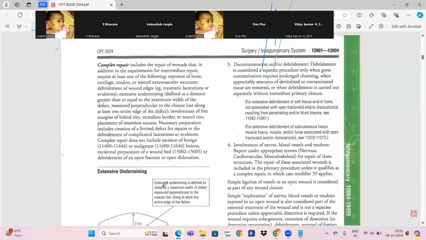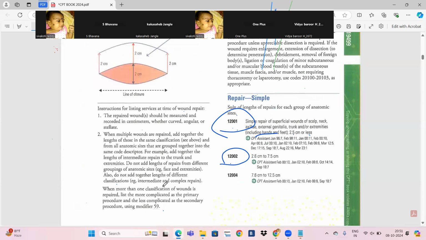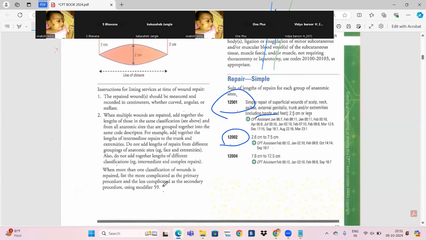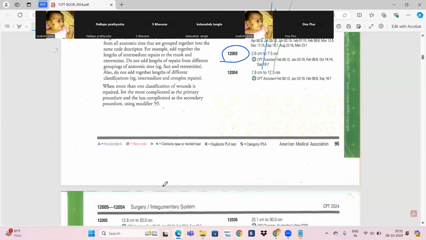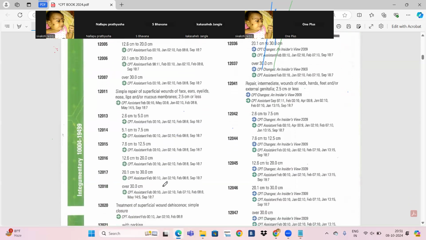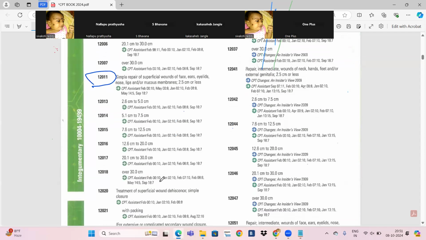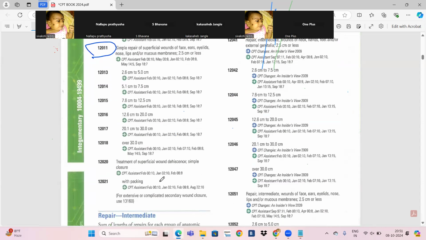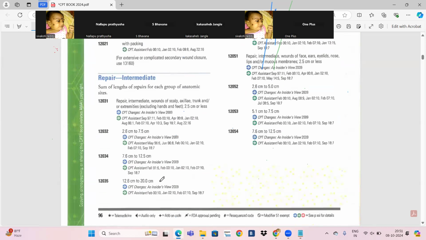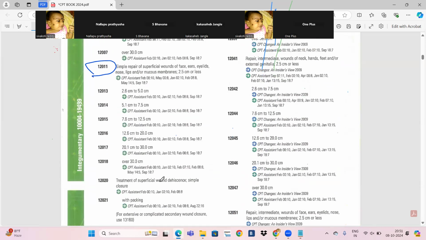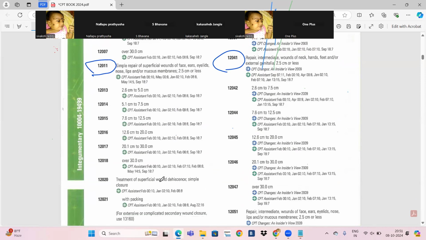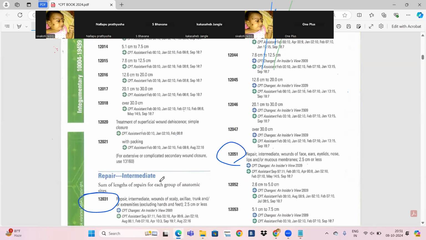Clear? So now we can practice examples. I already shared the CPT book with you in the group, right? See, one anatomic group, 12011, simple repair of superficial wounds. In simple repair, you will get two anatomic groups. In intermediate, you will get three anatomic groups: 12031, 12041, 12051, depending upon the body parts.